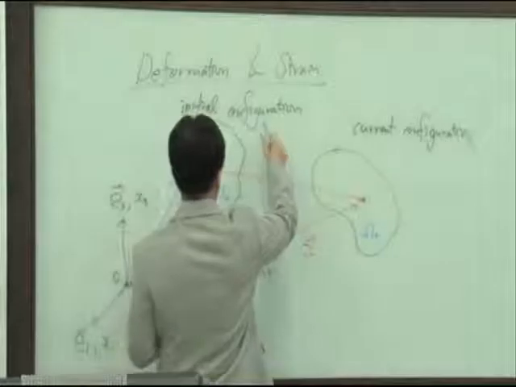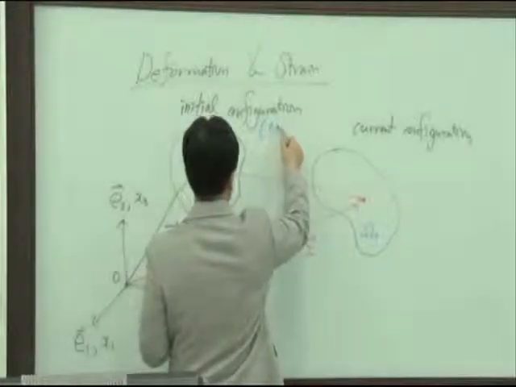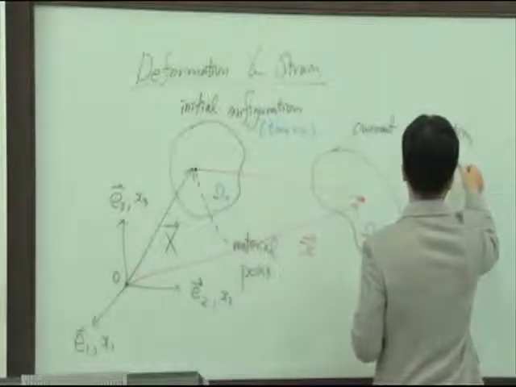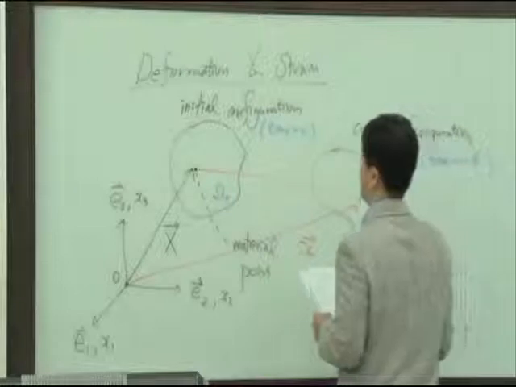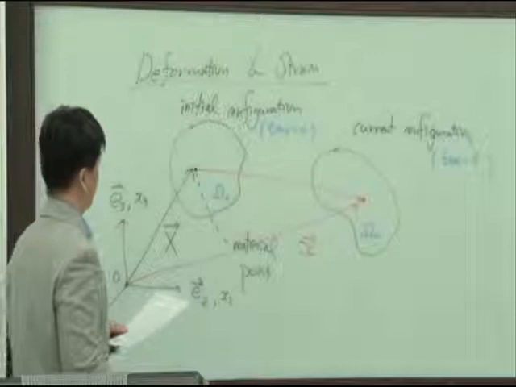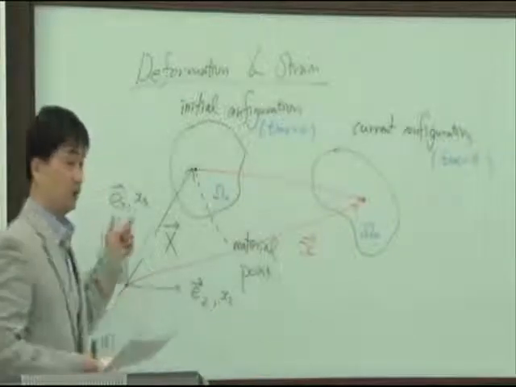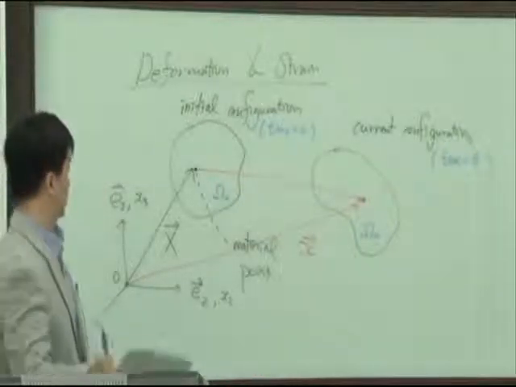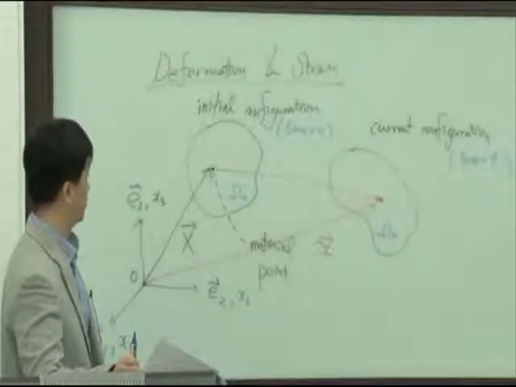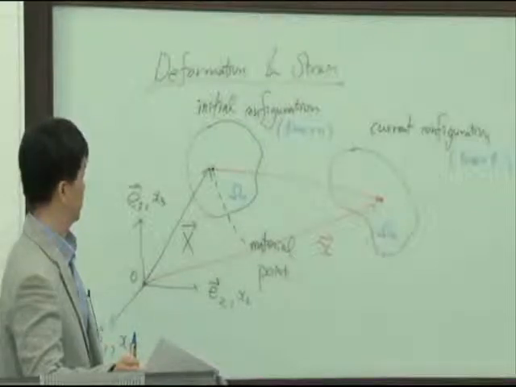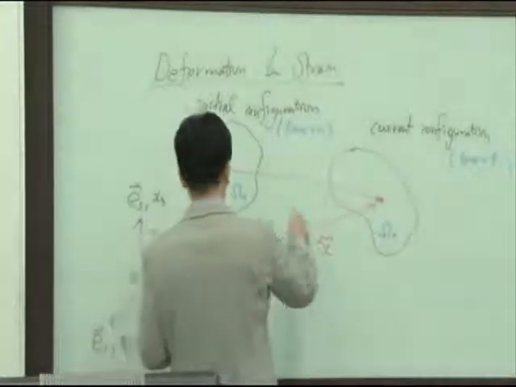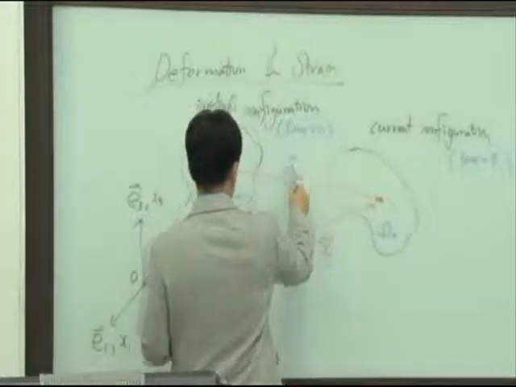Let's say the initial configuration is at time 0, and the current one at time t. Let's use a concept of time. This is a very usual representation of deformation. Let's say this is a vector u.